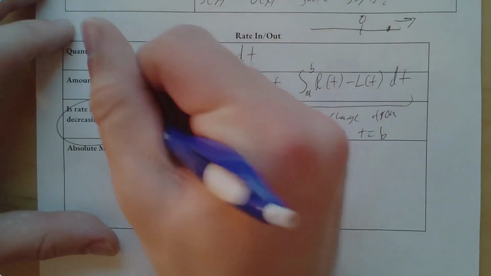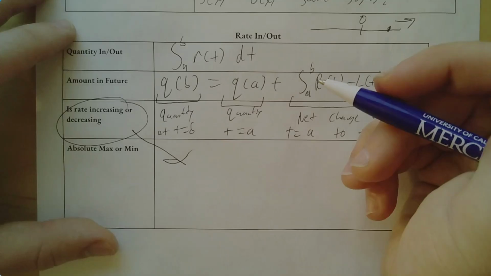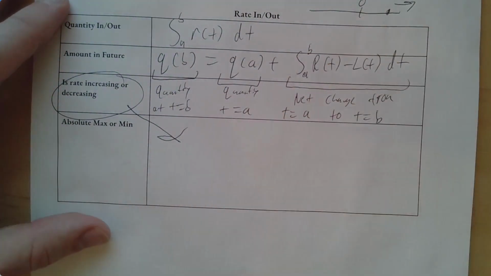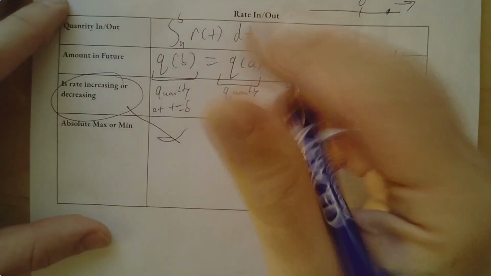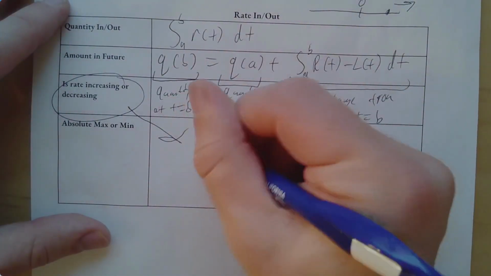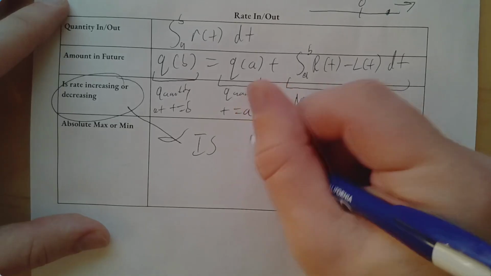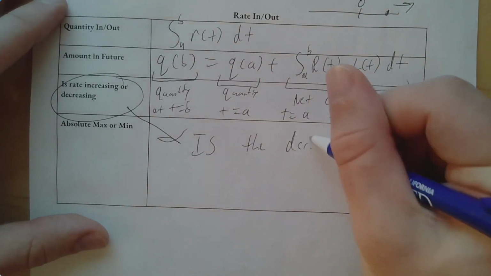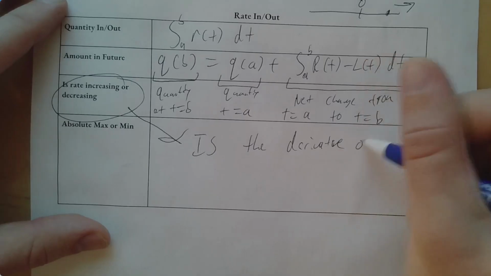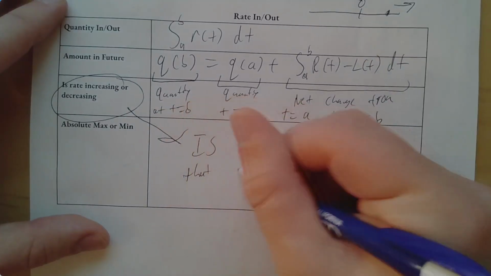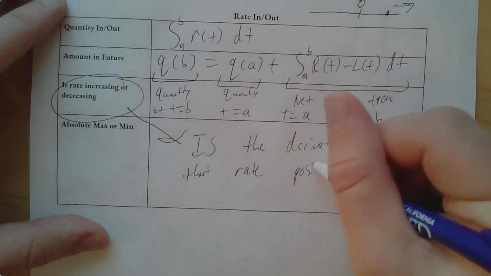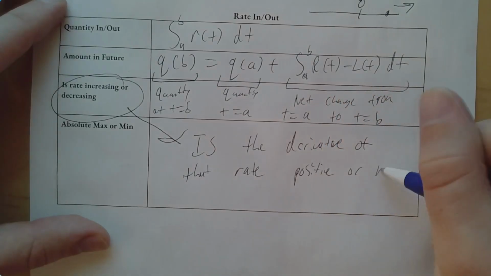If a rate is increasing or decreasing, all you have to do, and I talked about this in the derivative question, is ask whether the derivative of that rate is positive or negative. That's what you're doing.